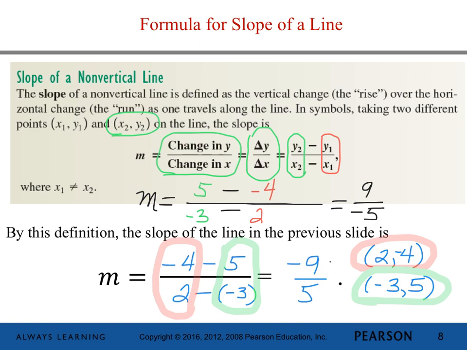But both negative 9 over 5 and 9 over negative 5 are still the same slope. It's negative 9 over 5. So it isn't the order of subtracting the pairs that's nearly as important as realizing that you need to keep the y values on top, the x values on the bottom, and your points' coordinates need to stay together.